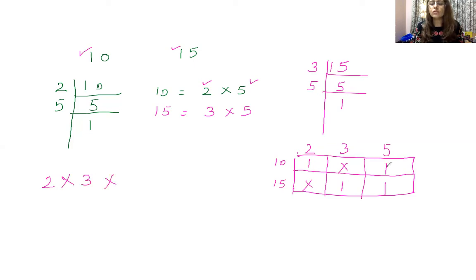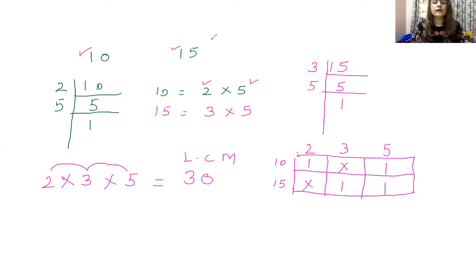And 5 is also repeated one time in both cases, so 5 is also written one time. If we multiply all these numbers, 3 twos are 6, 6 fives are 30. So 30 is the LCM of 10 and 15.